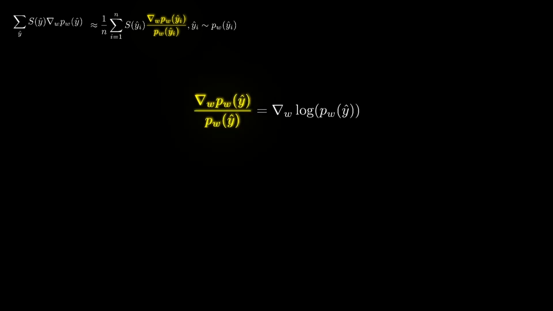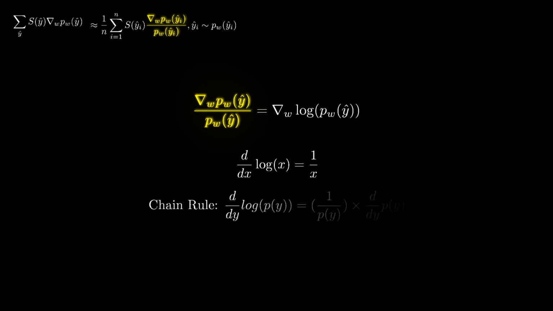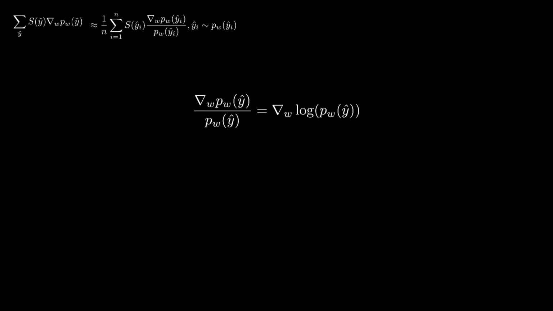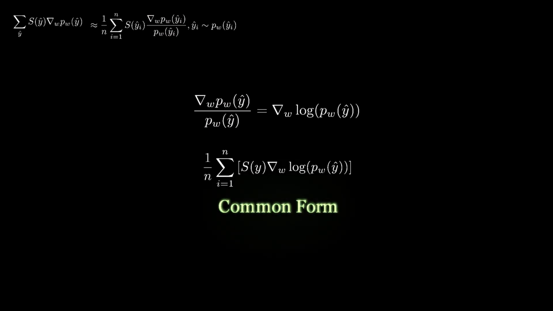Oh, and by the way, this term here, the derivative of the probability of y divided by the probability of y, is actually equal to the derivative of the log of the probability of y. This follows directly from the identity that the derivative of log of x is equal to 1 over x. And usually you will see the equation presented in this form with the log, because it's considered simpler.